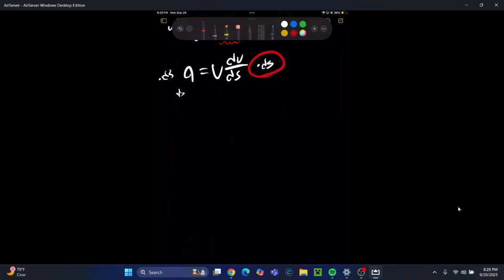This ds right here, we want to get rid of. So we're multiplying both sides by ds, so that we're not going to have an integral of 1 over ds. Those are nightmares. Now we rewrite this to say that a times ds equals v times dv.